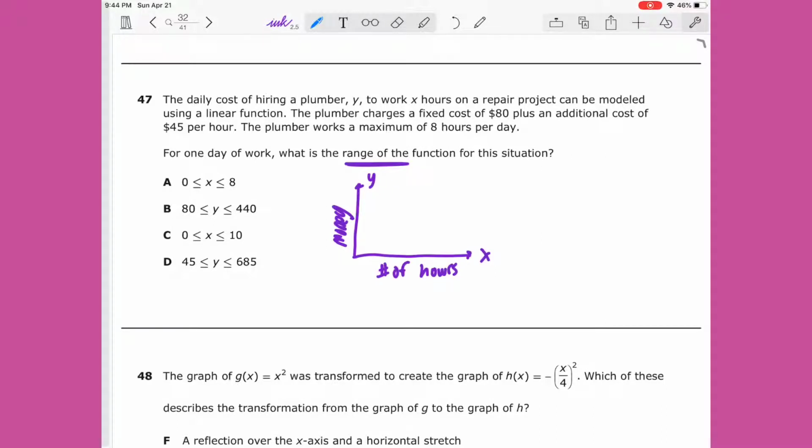So if he works from 0 to 8 hours, we're talking about an x value, right? So if 0 to 8, like in answer choice A, we'd be talking about the domain, not the range. So we're going to eliminate A, and we're going to also eliminate C.